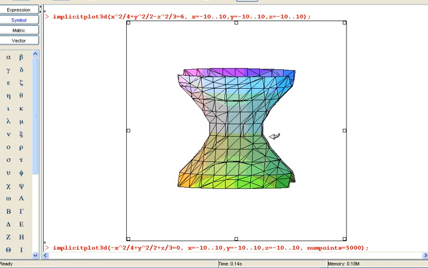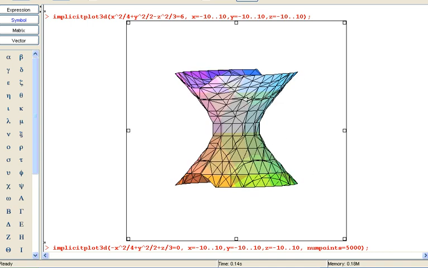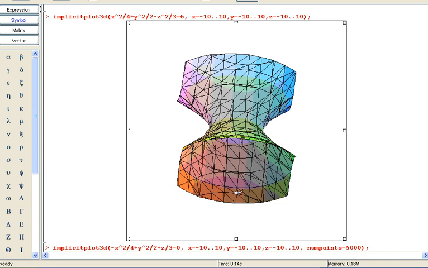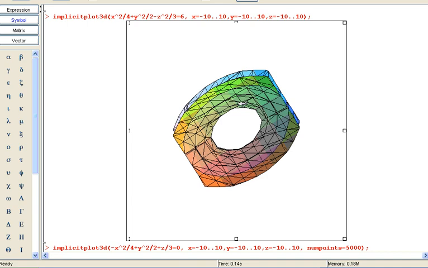So you see the hyperbolas as traces, and you see the ellipses as traces. Now it's kind of cut out here on the ends because I didn't set the ranges exactly right to get all these points, but you can get the idea that it does have an open center as you spin it around.